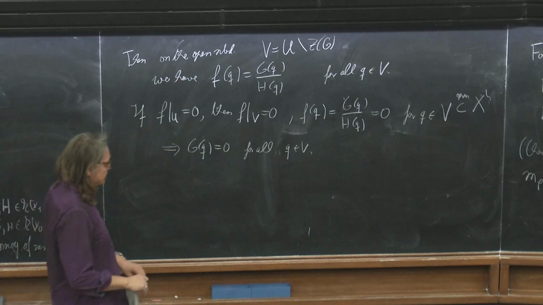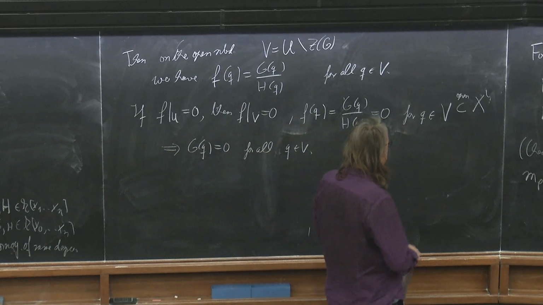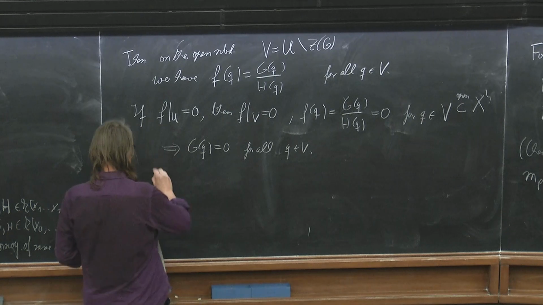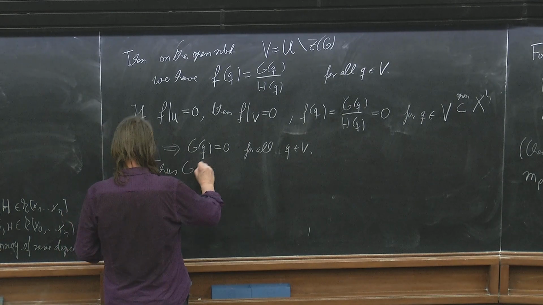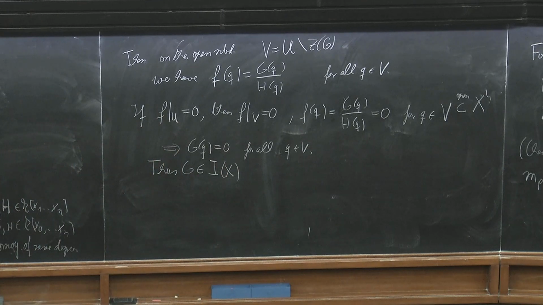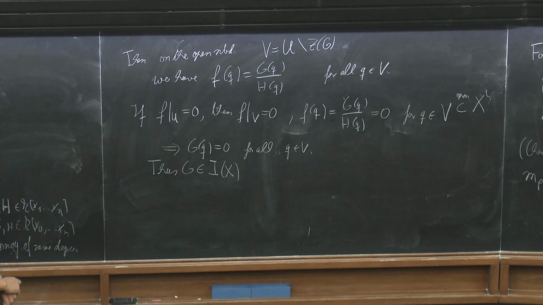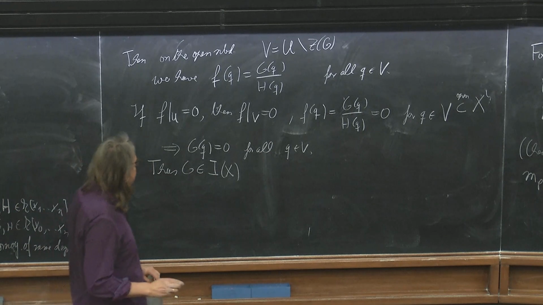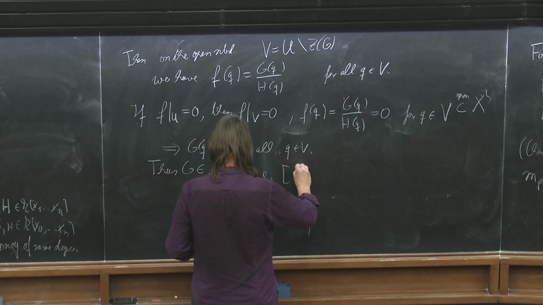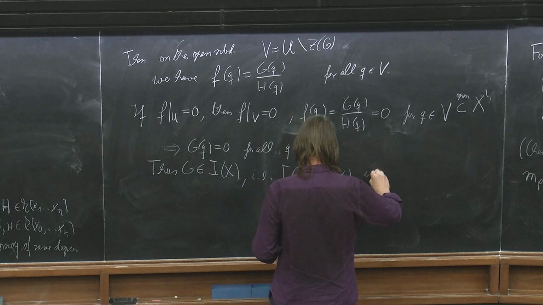But as V is a non-empty open subset of X, it follows that g vanishes on the whole of X. Because if a polynomial vanishes on an open subset, the open subset is dense, and so it has to vanish on the whole of X. But that means the class of g in A(X) is 0.